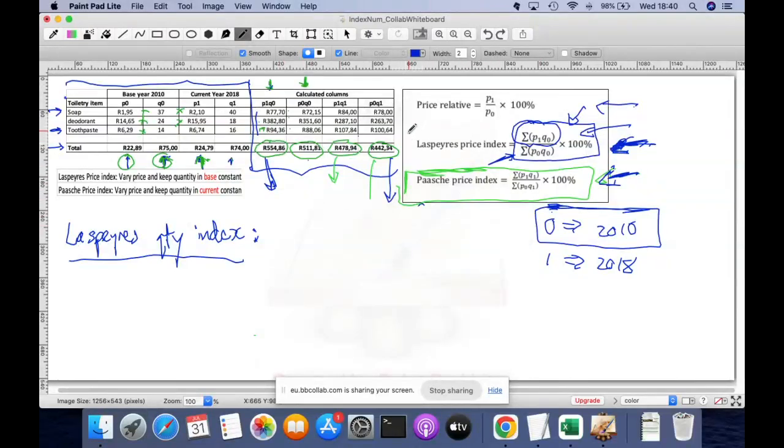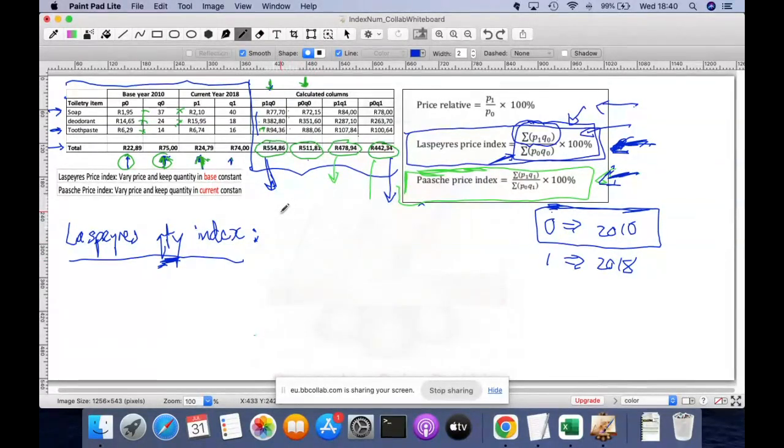If I draw your attention to the Laspeyres price index, I told you earlier that if you are working out the price index, the price has to be different because you're working out the change in price. So the p-value in the numerator must be different to the p-value in the denominator. But now we're being asked for the quantity index. So that means the q in the numerator and the denominator needs to be different.